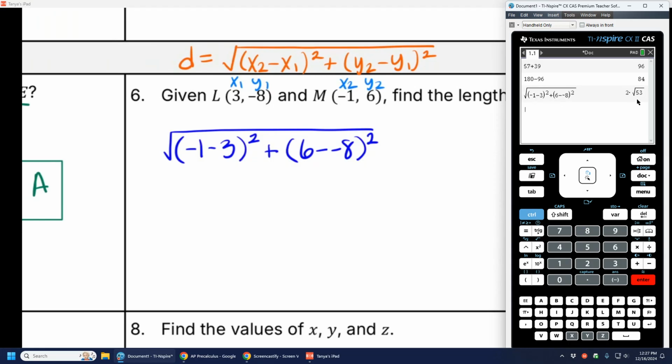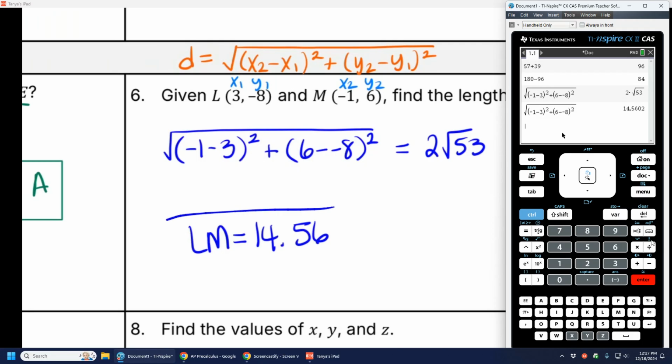So it gives me this 2 square root of 53, which is the right answer. It's just that on your test, they're not going to be like that. They're going to be in decimal. So you need to press Control Enter, and then that's our answer. So our distance, or like our length of LM, equals 14.56.